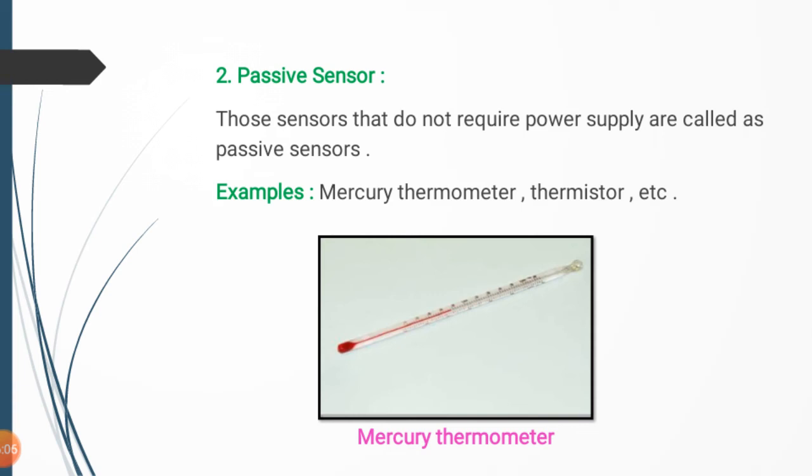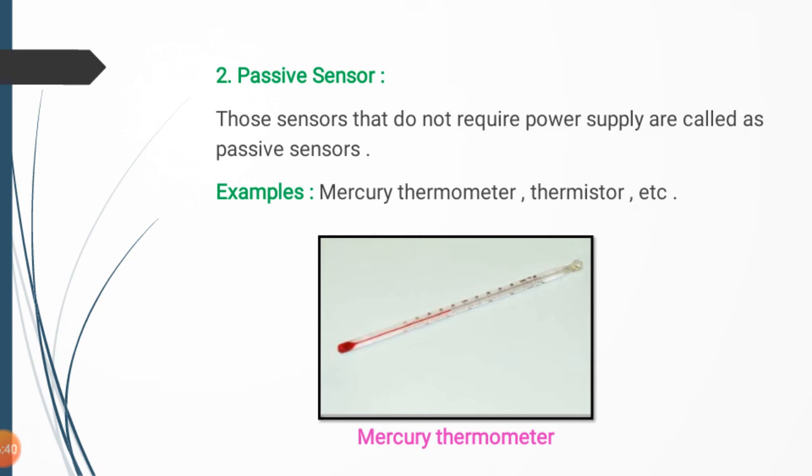In a mercury thermometer there is expansion of the mercury, which is in liquid form, so we are able to measure the temperature. So this is a passive sensor which does not require any external power supply. If we want to measure the temperature, we directly insert it, and we are able to measure the temperature of that system.